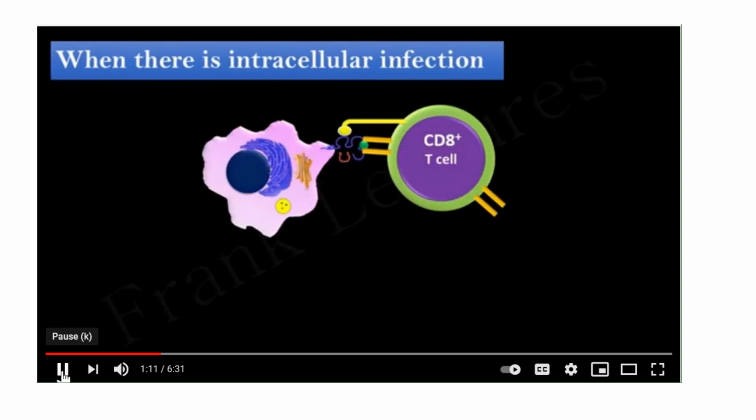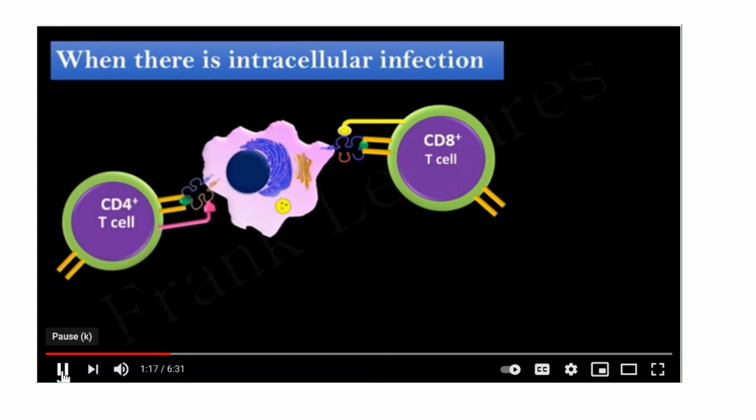When there is an intracellular infection, for example viral infection, dendritic cells from the site of infection migrate to a nearby lymph node and present the viral antigens in the form of MHC1 antigen complex. Naive CD8 positive T cells recognize the bound antigen.